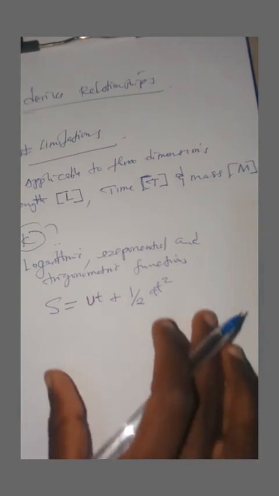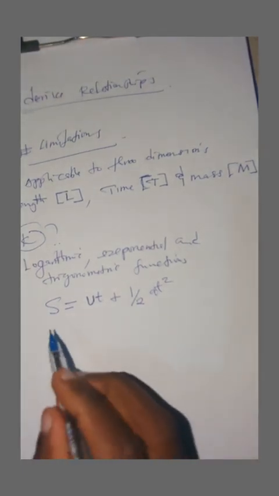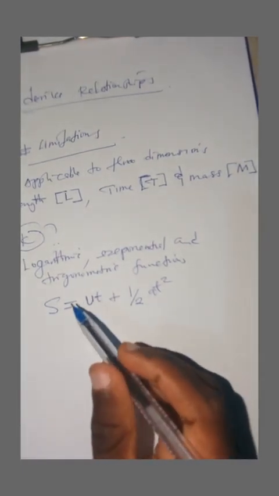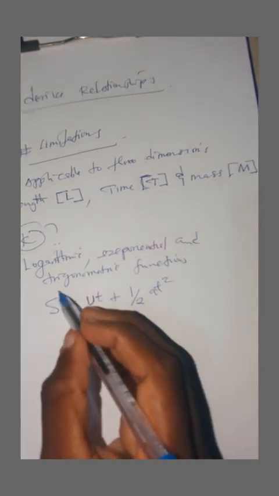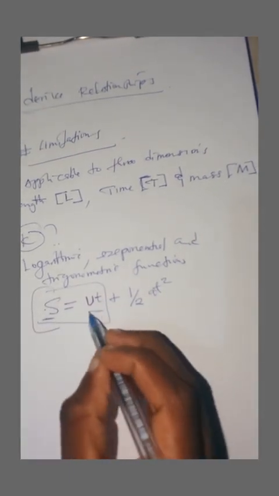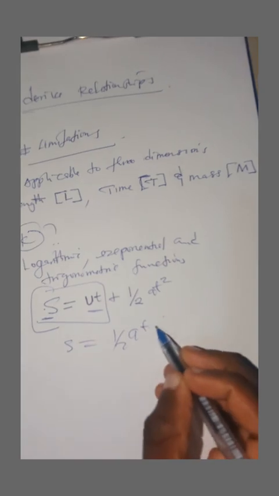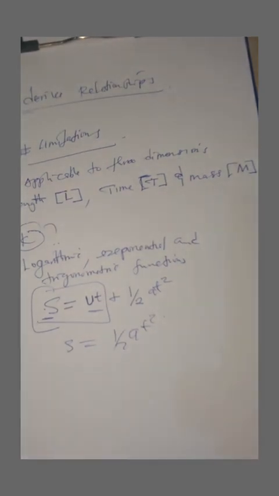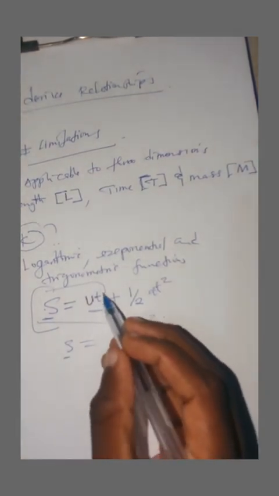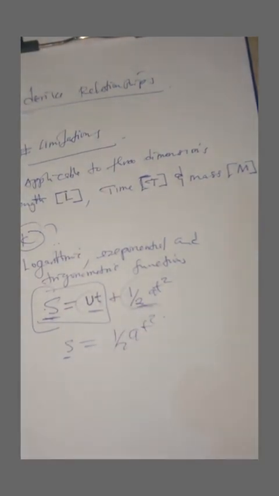For dimension analysis, you can't deal with everything at once; you do it independently. We can only derive the relationship between s and ut, or between s and 1 over 2 at squared, independently and not at once.